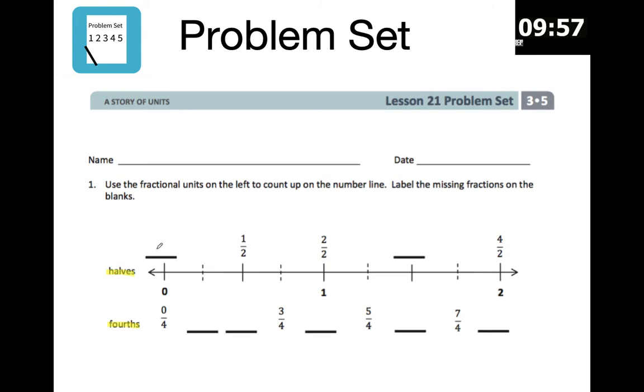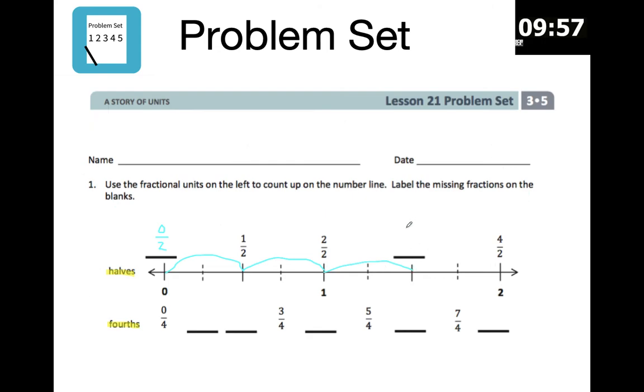Okay, so on this line, we know 0, and we're talking about halves, would be 0/2. We then skip right on over. We have 1/2. We can skip on over, and we have 2 halves at 1 whole.